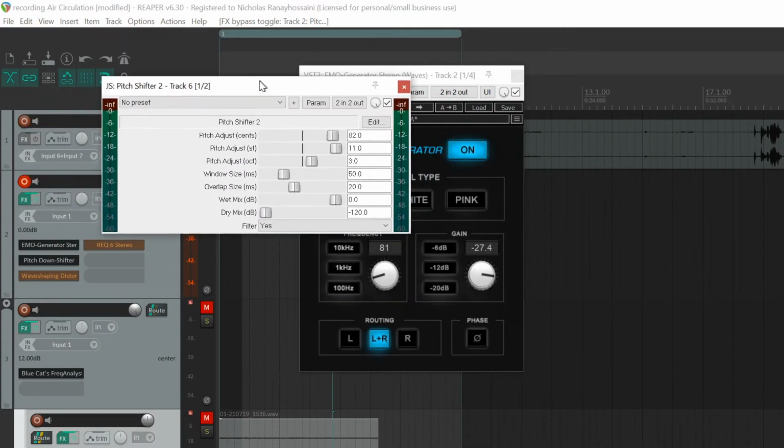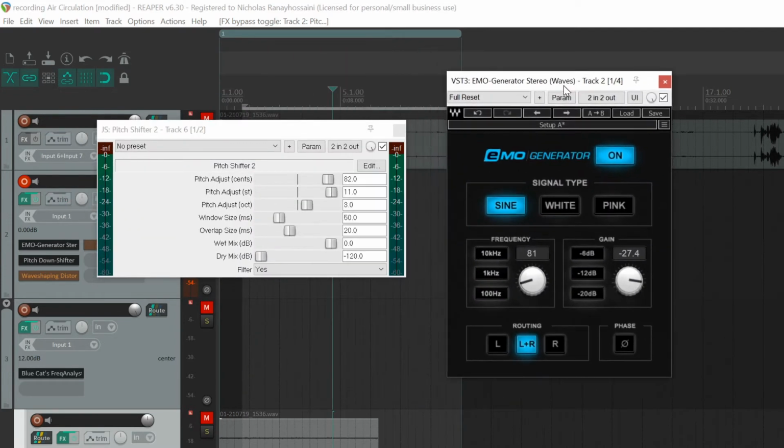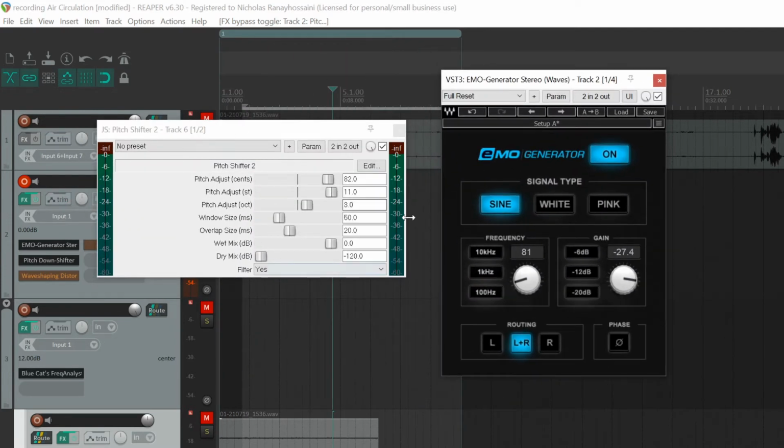And as soon as I say that, you might be asking me, why use a pitch downshifter instead of just lowering the frequency at which I'm generating the root signal? Reason being, with the pitch shifter, I found I was getting a lot more sonic information while maintaining the clarity of the low end.